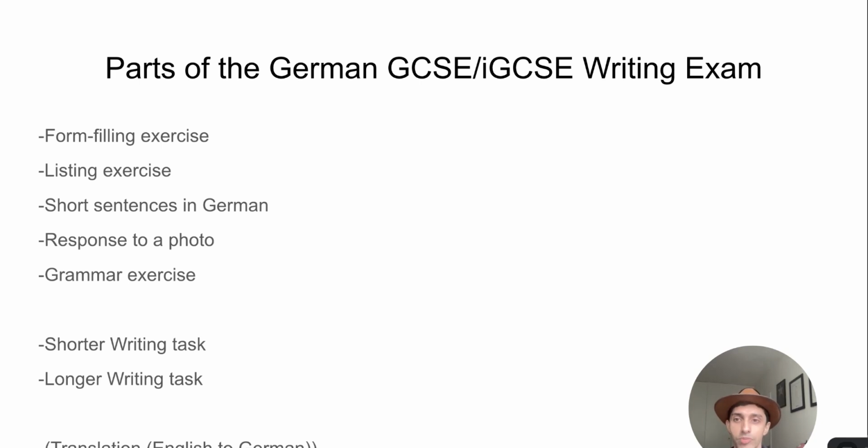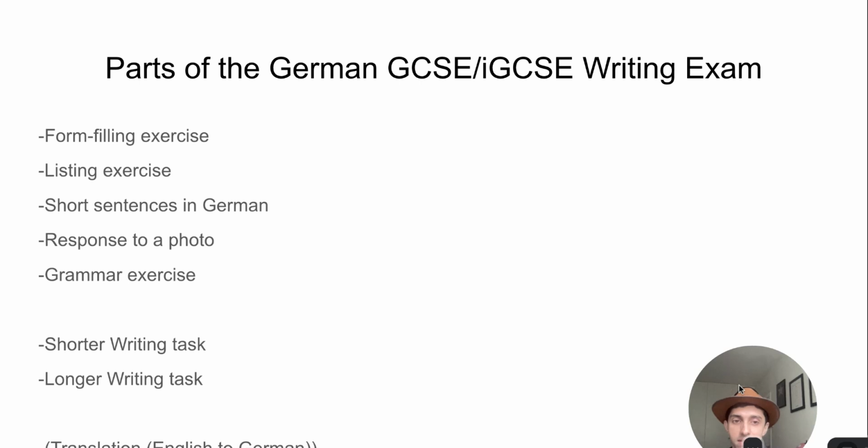So the writing paper could include a form filling exercise, a listing exercise with short sentences in German, where you've got to provide short sentences in German, an exercise where you have to provide a response in German to a stimulus like a photo, a mini grammar exercise, a shorter writing task, a longer writing task, and a translation task, which if you do have to do translation, then within the writing paper, that would be translation from English to German, rather than the other way around.